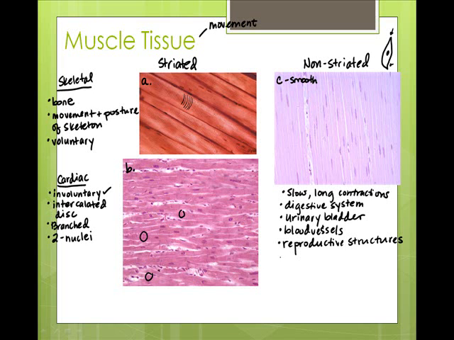So non-striated or smooth muscle is also involuntary. And again, that's a good thing. After you eat your lunch, you don't want to have to sit there and tell your body what to do with it. It just takes care of getting the nutrients out of your food all on its own.